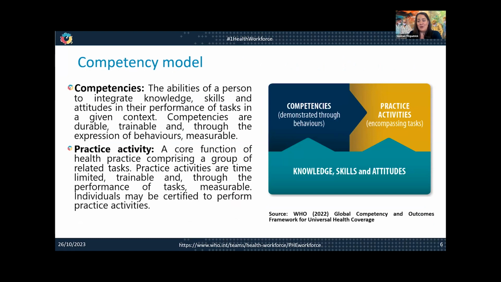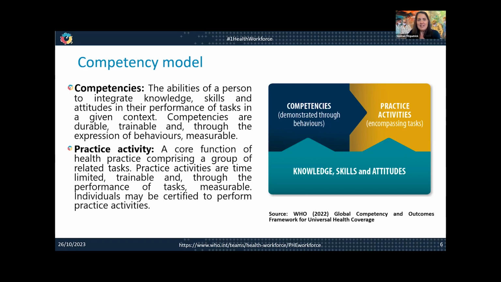We need people who are able to make effective decisions under pressure, collaborate in teams, draw from the evidence, and communicate effectively. These are the behavioral competencies of the individual that enable effective performance of the practice activity. So when we're thinking about how best to prepare individuals for work, we need to think both about what they do and how they do it.